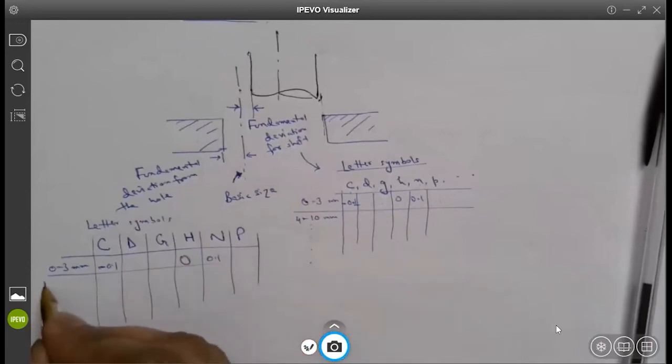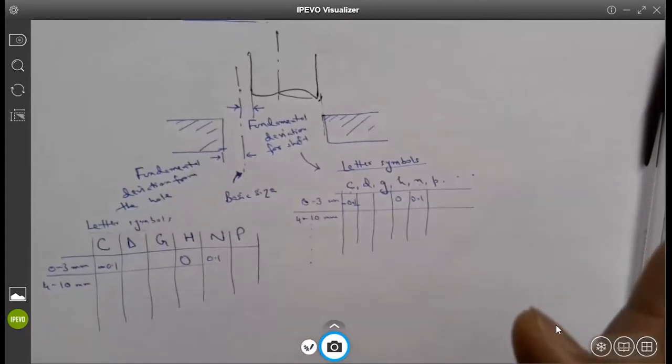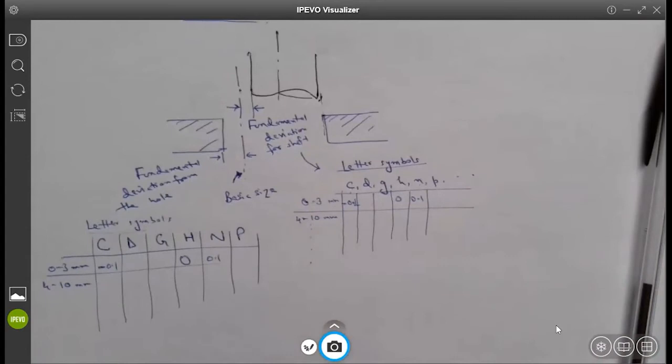These are the range of deviations for the whole system. Now, let me know if you are following it. Is everybody following what I'm trying to explain here?